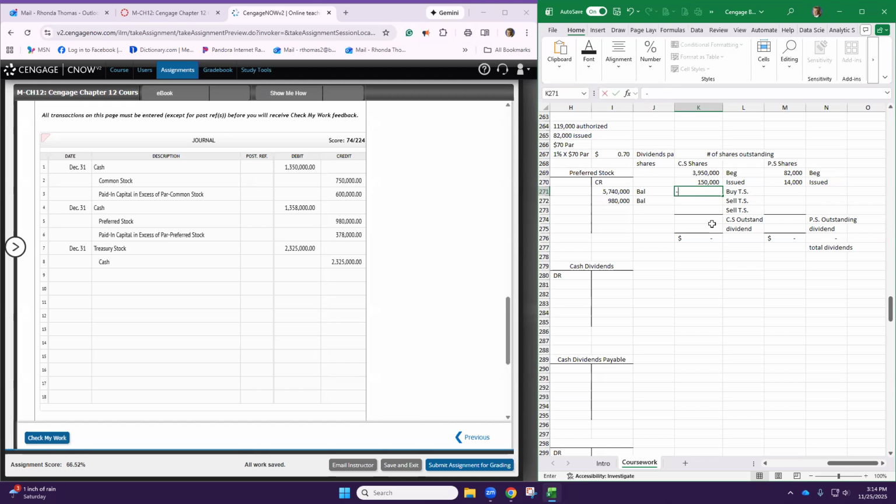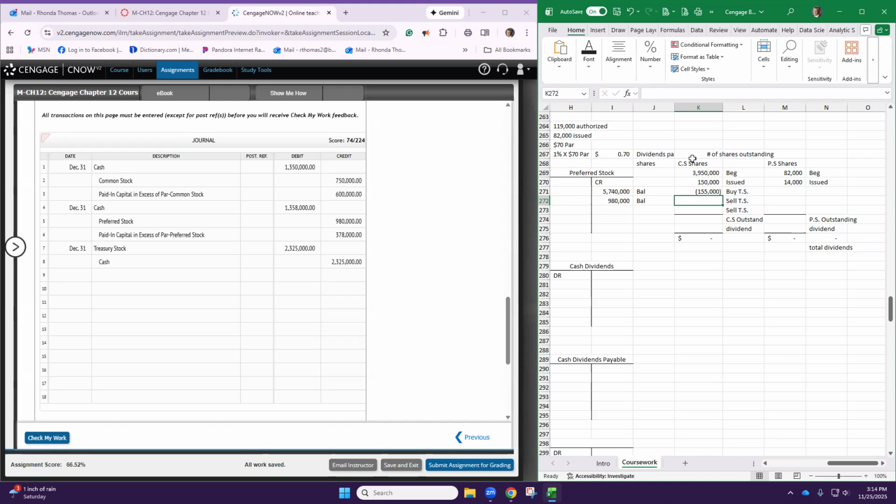So we're going to subtract the amount of shares we're buying from the common shares, because now we have a number of shares outstanding. So I told you, as long as we didn't have treasury stock, our amount we've sold, which is issued, equals our outstanding. Okay, but now that we have bought some treasury stock, we can't count that when we're looking at outstanding.